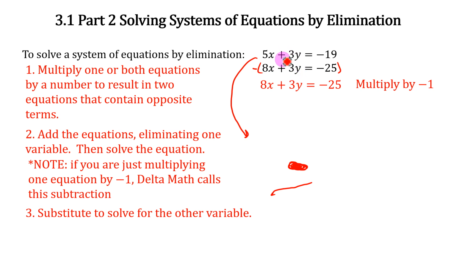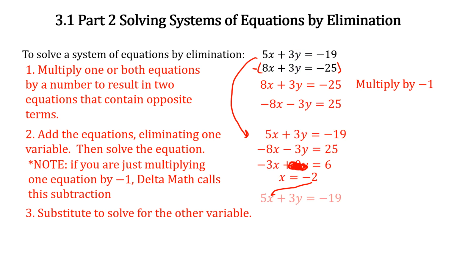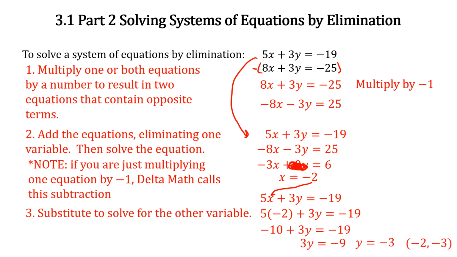If they were different signs, this was positive and this was negative, you'd say addition to eliminate y. So multiplying by -1 is the same as just subtracting the second one.